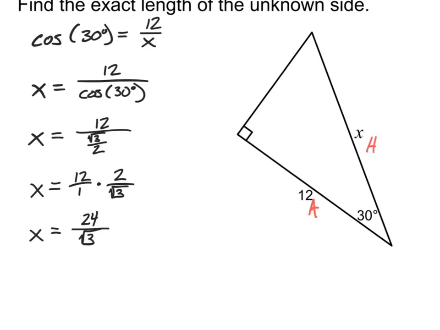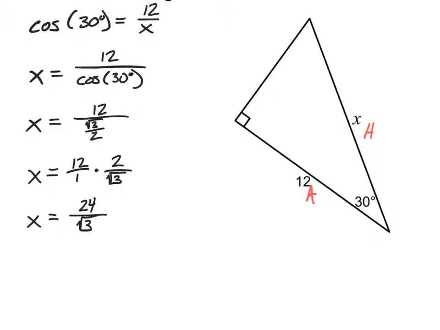Because, as you may recall from some of our recent practice, we can't leave the square root in the denominator. Remember, we need to rationalize the denominator for this to be in simplest form. And so, to get rid of the root 3 on the bottom, we need to multiply top and bottom of our fraction by the square root of 3. All right, good. Then when we do that, we get 24 root 3 over 3.